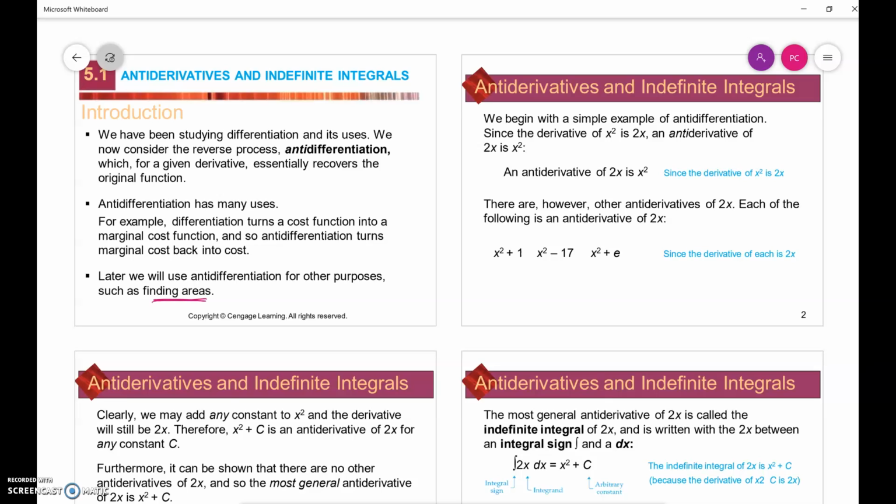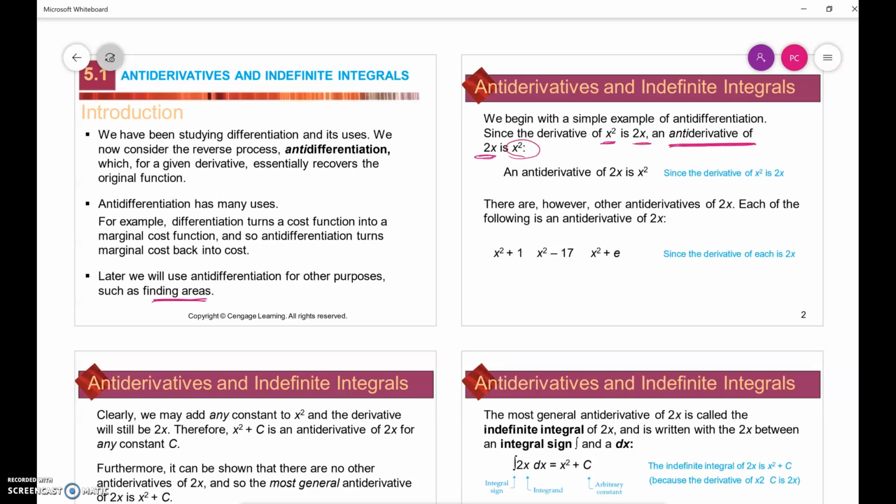We're going to begin with a simple example of anti-differentiation. The derivative of x squared is 2x. Therefore, the antiderivative of 2x would be x squared. So an antiderivative of 2x is x squared, since the derivative of x squared is 2x.